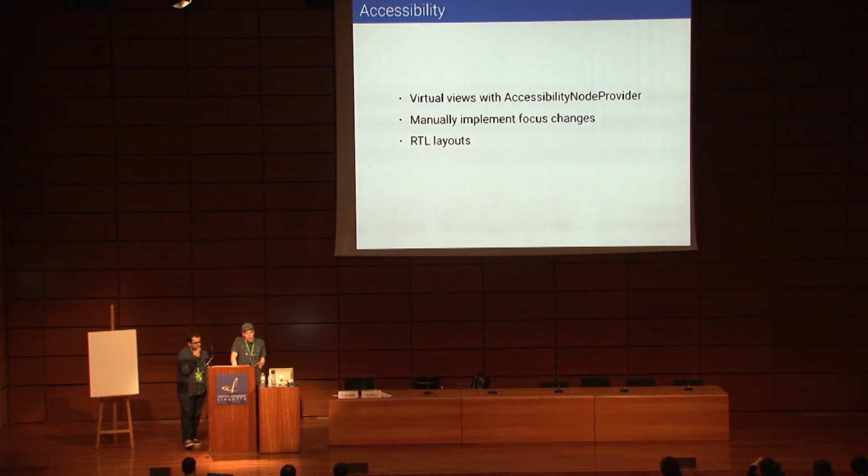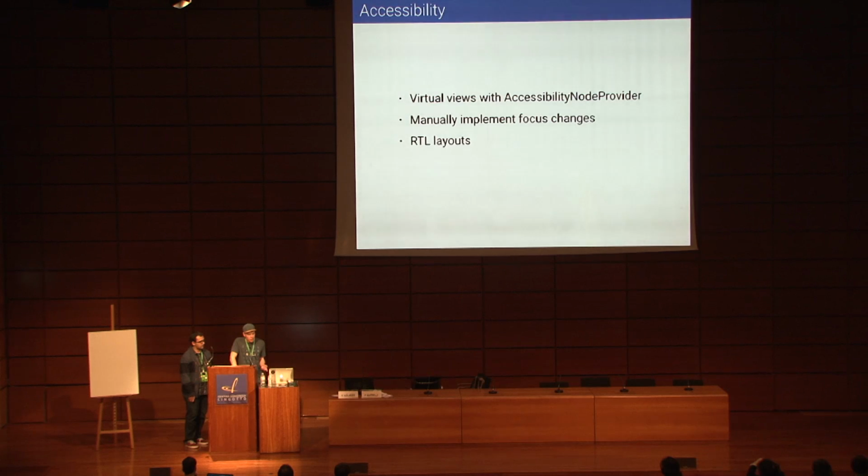So it's not too bad, actually. The Android APIs exist for creating what's referred to as virtual views. And this is done via the accessibility node provider, but it's nothing I'll go into here. It's possible. It's cumbersome, but it's definitely possible. So again, trade-offs here, and you have to feel for yourself if it's worth it or not.